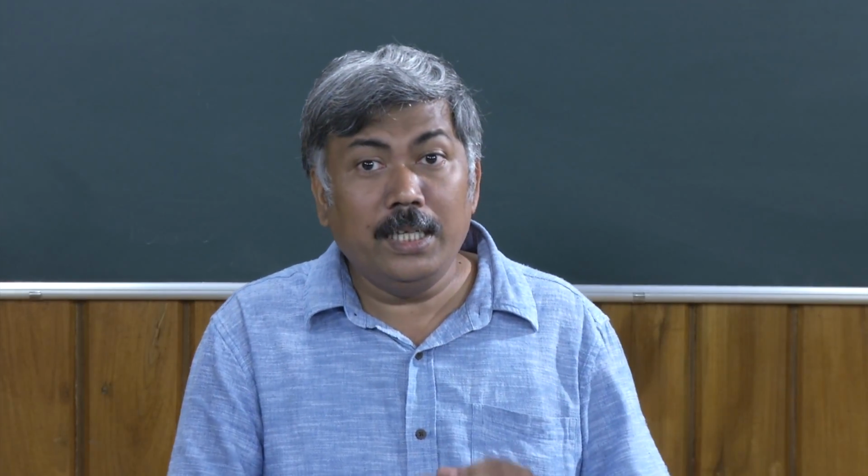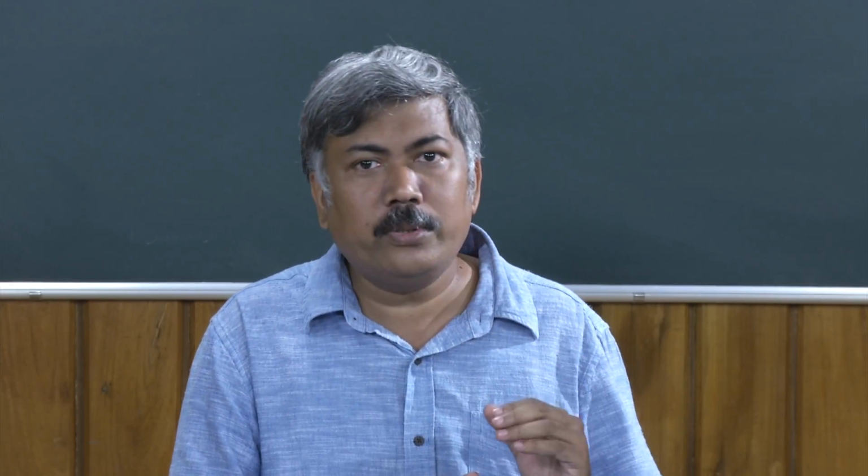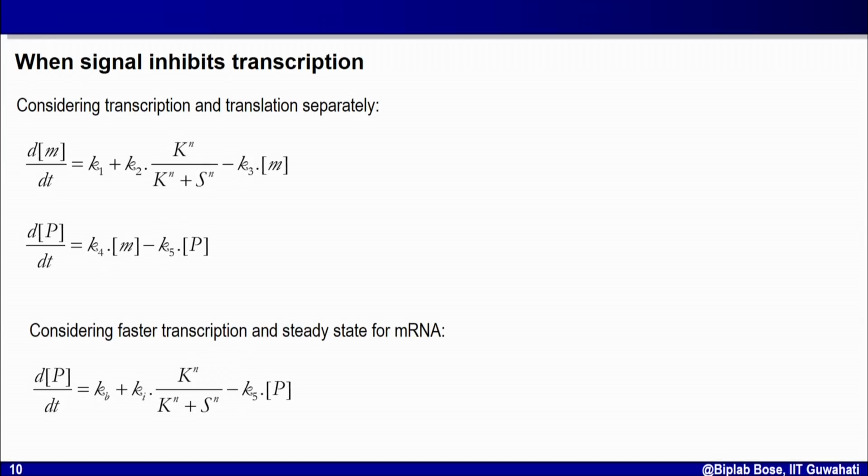Now suppose the signal inhibits my transcription, then I have to use the inverse or negative Hill function, and I can write the ODE the way I have shown here. dm/dt equal to K1, the rate of leaky expression, plus K2 into the negative Hill function here, minus K3 into M.